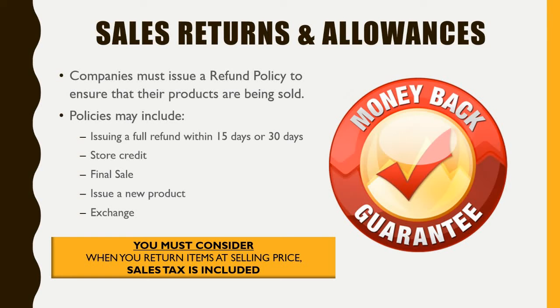Okay? But if a customer does return a product to you, you have to also return a portion of their sales money back. Sales tax is included because it's not your money, it's their money, and it's their contribution to society. And if they return a product, then you have to return that money back to them.